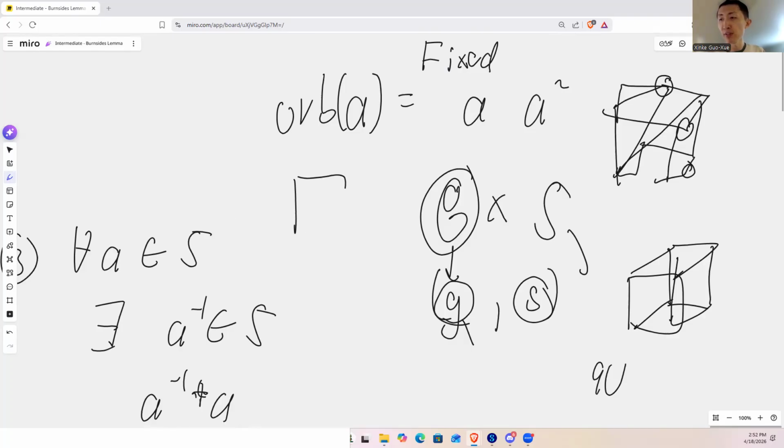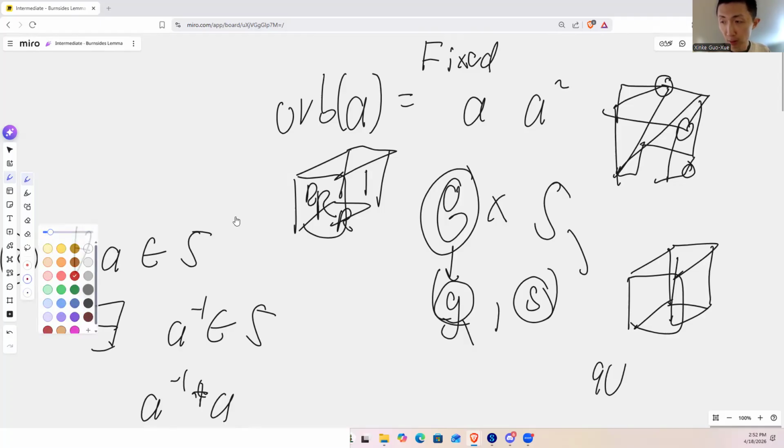For instance, if the front is red, the bottom is red, and the left is red, and the right is blue, the top is blue, and the back is blue, then a 120-degree rotation about this space diagonal leaves this cube as a fixed point of that transformation, or that group element.